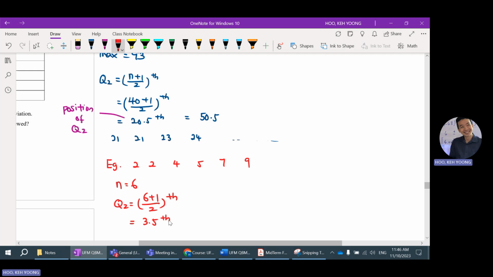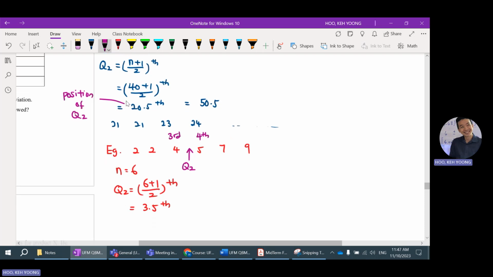That means my Q2 is located at 3.5. This is my third value, and this is my fourth value. So 3.5 is between the third and the fourth value. Is that what you have learned? So we take 4 plus 5 divided by 2, which is about 4.5. Basically, that's how you find it.